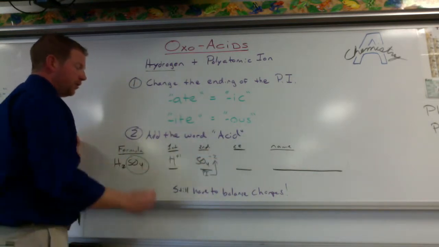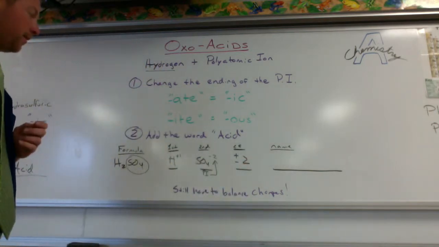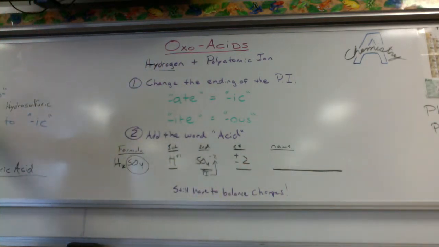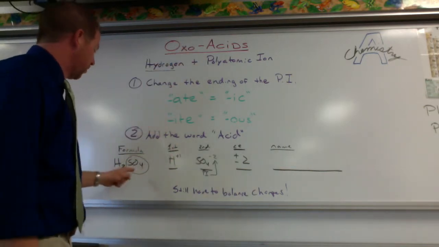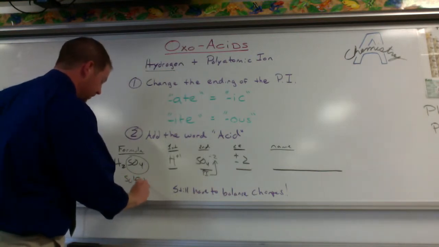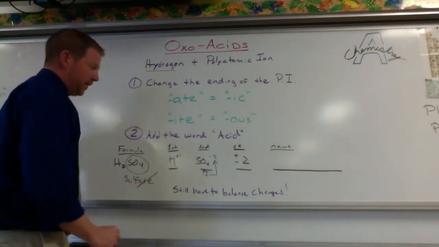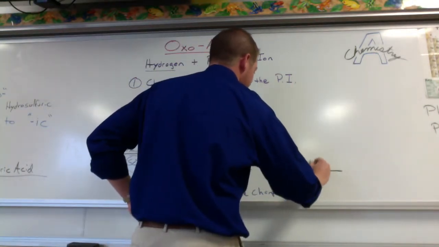So I need 2 hydrogens in order to do that, so it's plus or minus 2. And now I get to the name part. I don't need a hydro like I did on the other side because this is an oxo-acid. So all I have to do is take the word for SO4, which is sulfate, and I just take the ate off the end of it. So all it is is sulfuric acid.